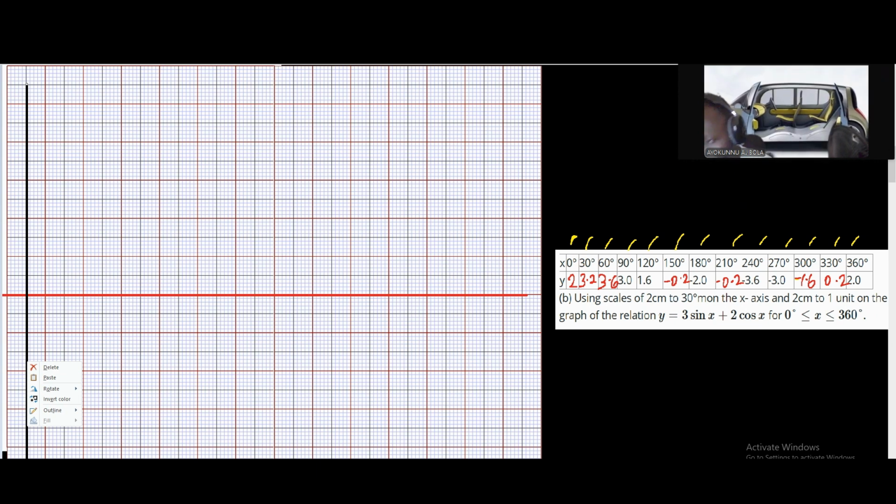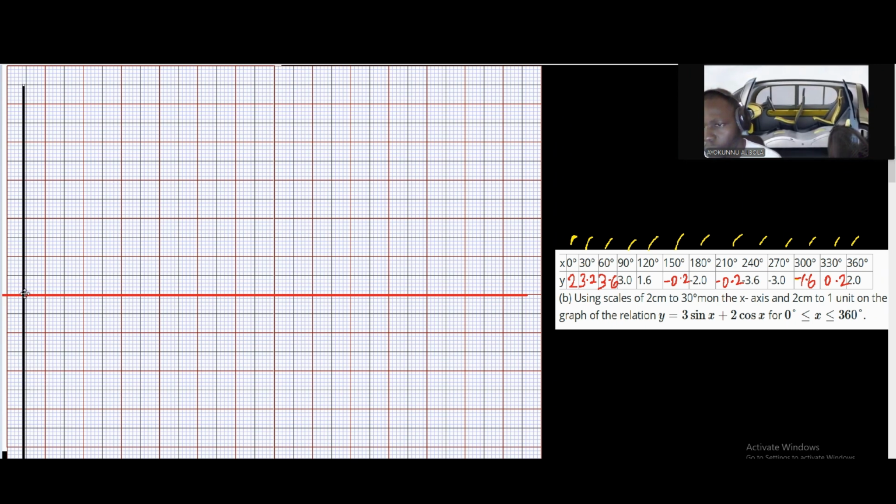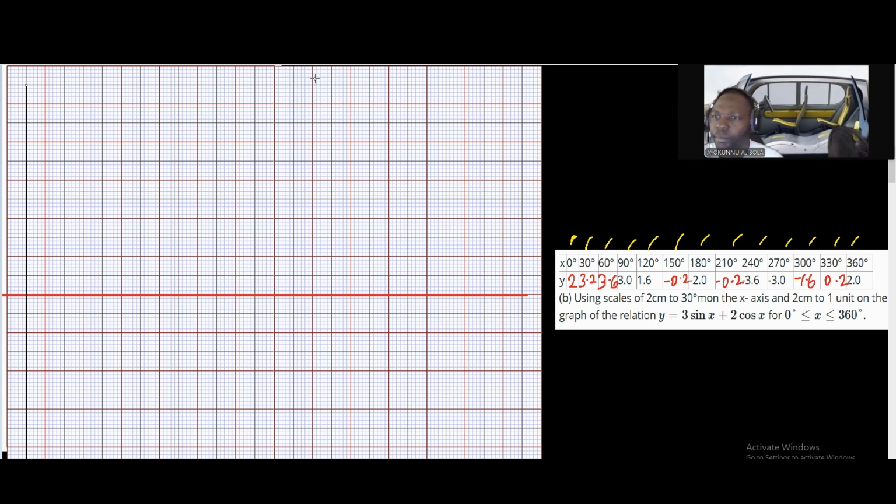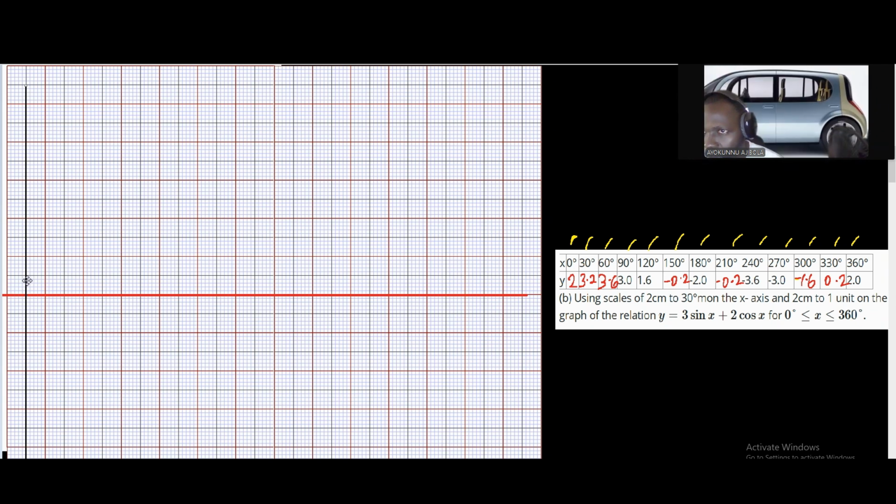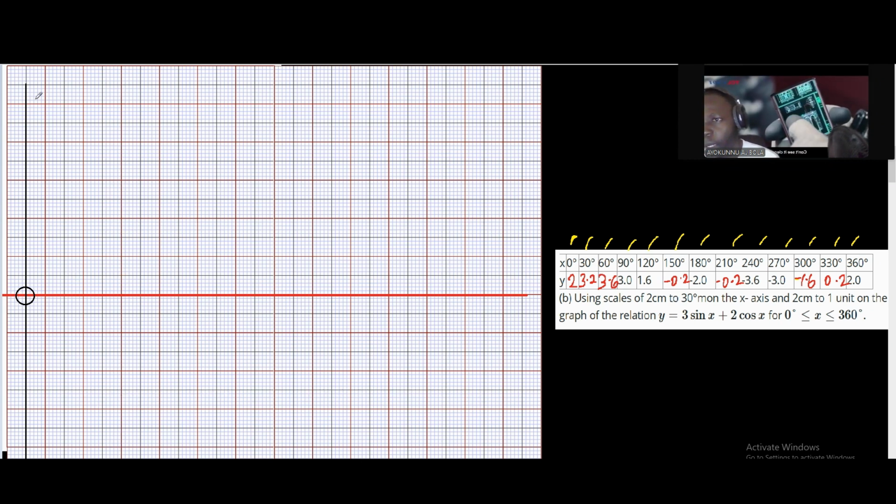Then let me be sure that this is lining up properly. Let's see. So those are the two axes there, okay? Yes, sir. And this is going to be the origin here. So now to represent the values on the lines on the axis, like this is my positive y-axis and negative y-axis at the bottom.